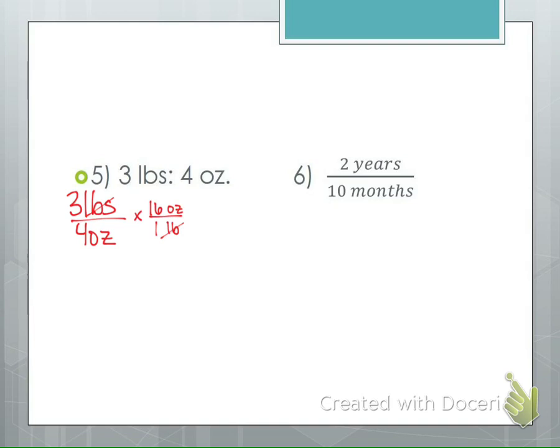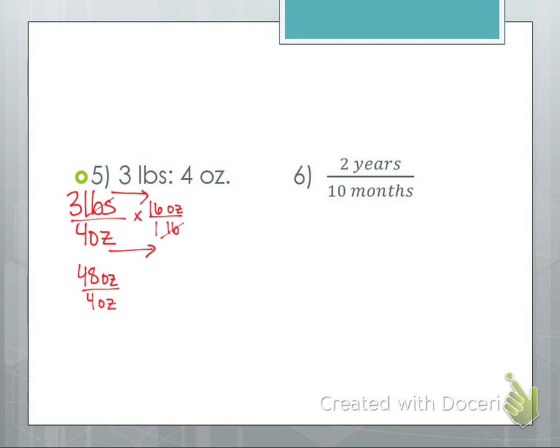We multiply straight across the top and then straight across the bottom. So what do we get on the top? I think it should be 48 ounces, right? Over 4 ounces. Any questions about how we got to that step? We got our units to match.